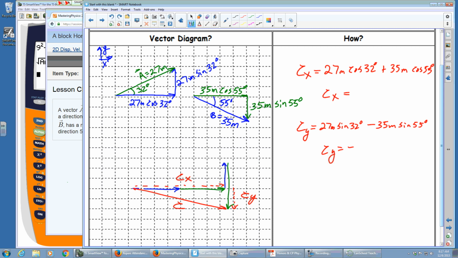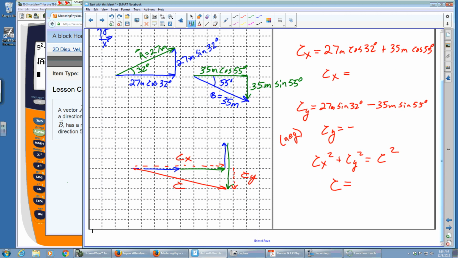So I expect a negative answer here. And now I have those two, so then I can do CX squared plus CY squared equals C squared, and C is what they're looking for in part A. Right? So they want the magnitude of it.